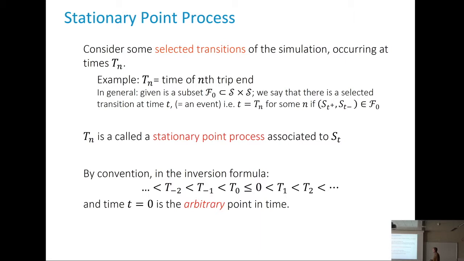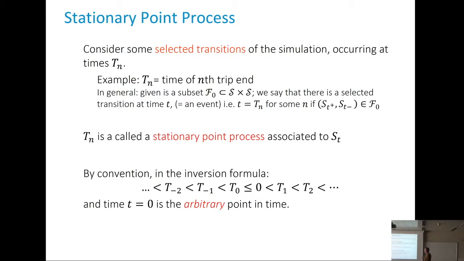Now to do Palm calculus, we need to define what is a stationary point process. So what is a point process? A point process in time, we could call it a stationary time process, is simply a collection of increasing time instants, Tn, that are related typically to the simulation by the fact that they are times at which something happens for the simulation.